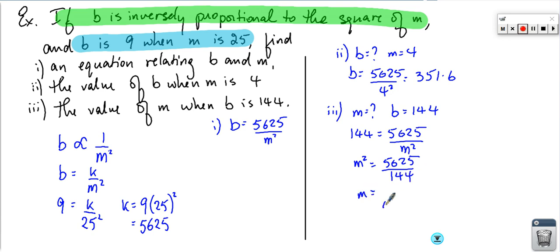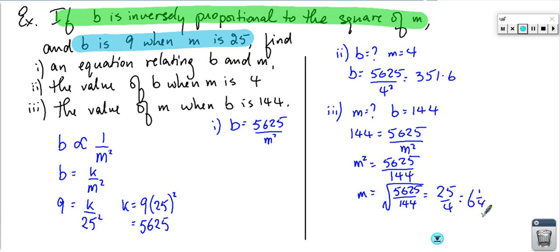So m is the square root of 5,625 on 144, which gives a value of 75 on 12, or 6 and 1/4.